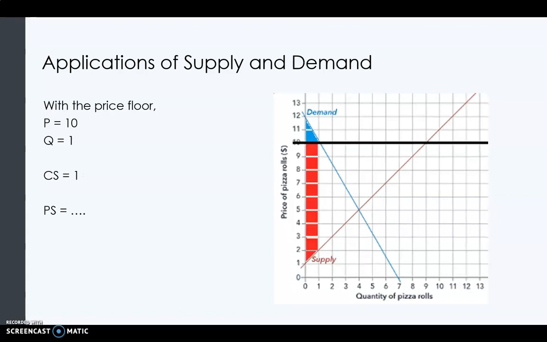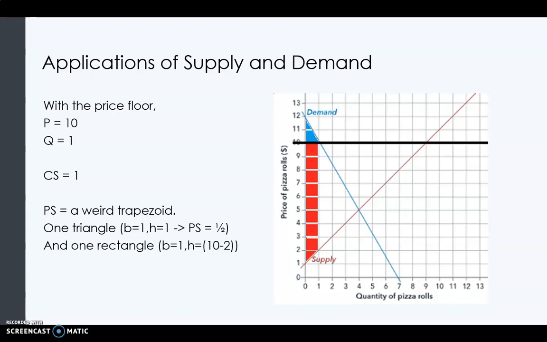Producer surplus, though, it's this trapezoid. If you remember the formula for finding the area of a trapezoid, that's cool, but I usually will just break this down into one triangle, which is down here, and one rectangle, which is very long and skinny here.